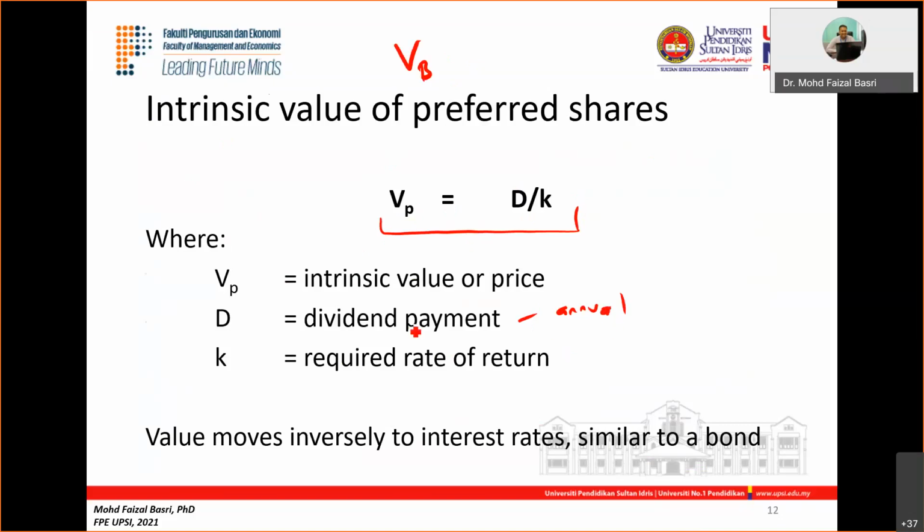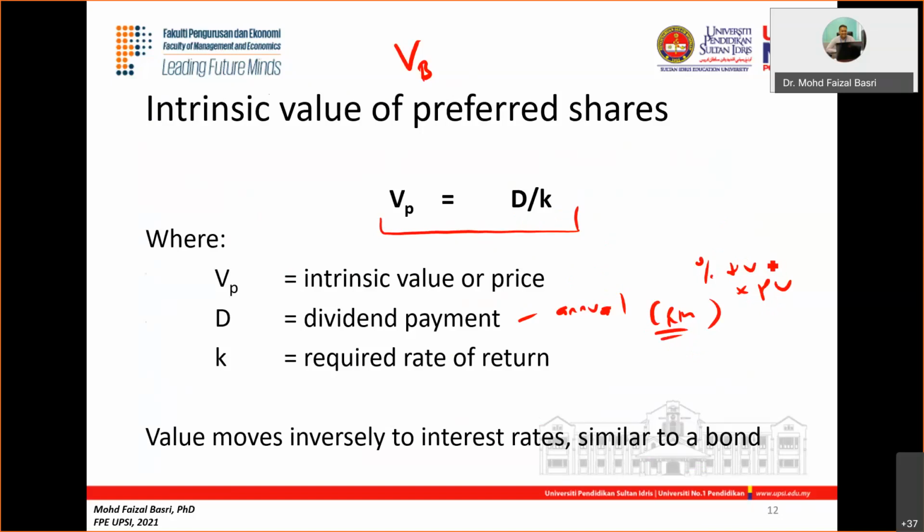And if you remember again, the dividend can be expressed in two ways, either in ringgit or in percentage. So the D here you want is in ringgit. So if the question gives you a percentage, you need to multiply the percentage of dividend with the par value in order to get it in ringgit.